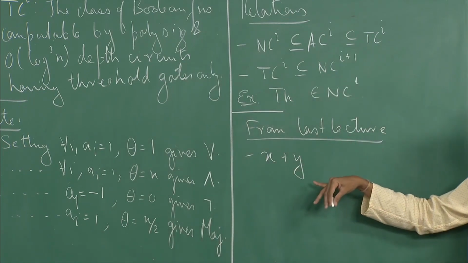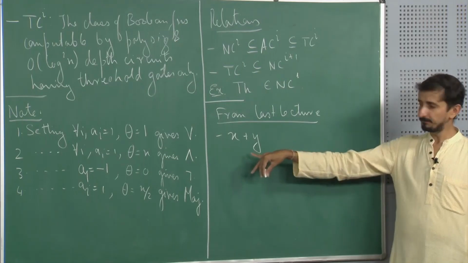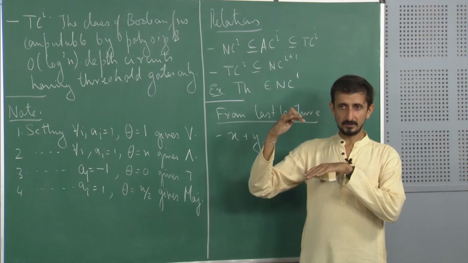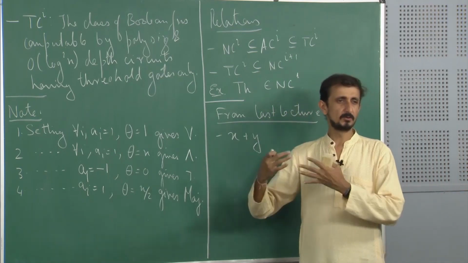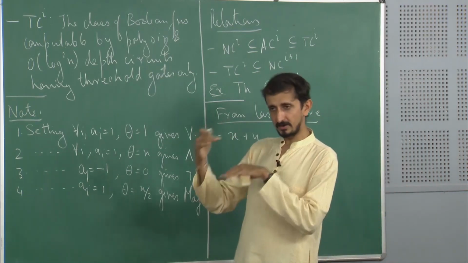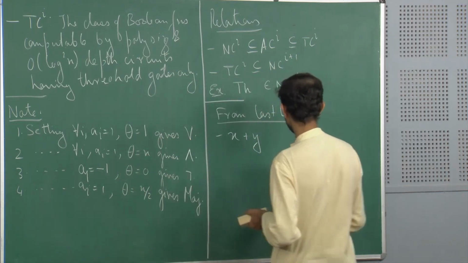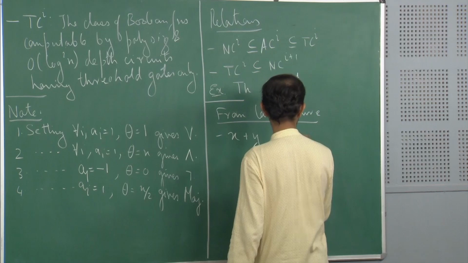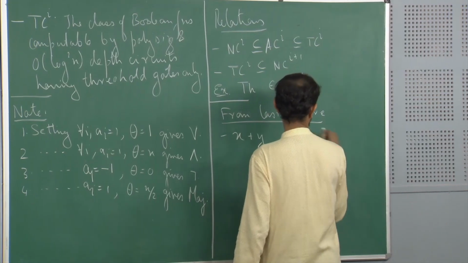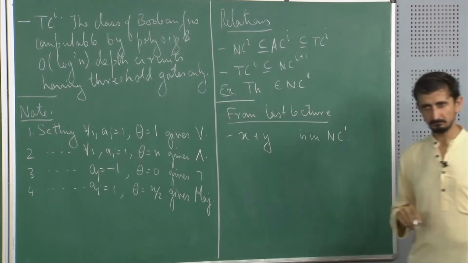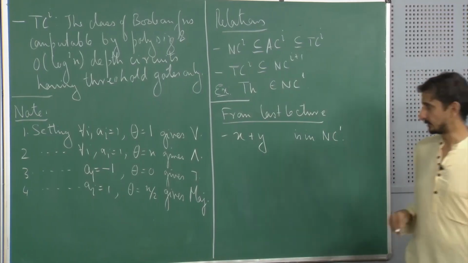We saw that using this parallel prefix sum method, we can do this using a bounded fan-in circuit, a circuit which uses only AND, OR and NOT gates, having log depth and linear size. So this can be done in NC1.